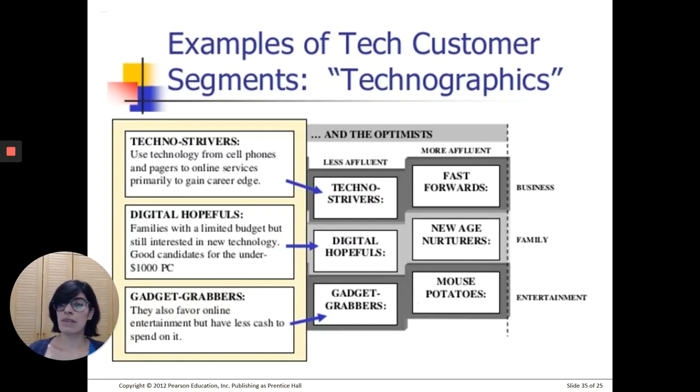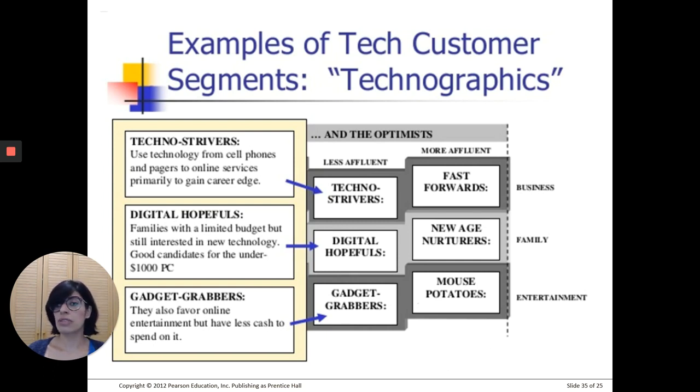Now let's have a look at the optimists. Okay, so on the less affluent side, you have the techno strivers. These use technology from their phones, and they use technology to actually gain an edge in their career. Then you have the digital hopefuls. These are families with a limited budget, but actually are still quite interested in new technology.